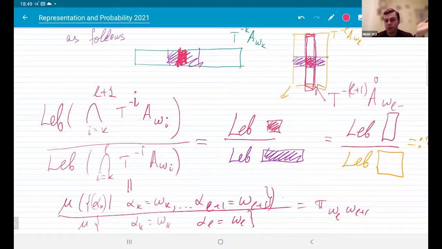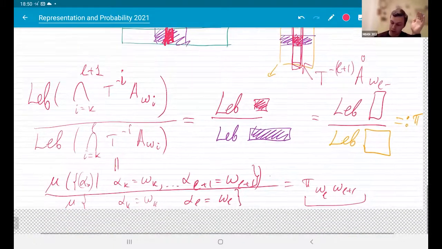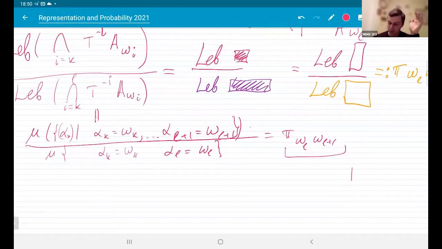And then you need a bit more consideration to show that your matrix pi is stochastic, and that you have a stationary distribution, which is just the areas, the Lebesgue measures, of our initial rectangles A_j. So the stationary distribution is just the Lebesgue measure.